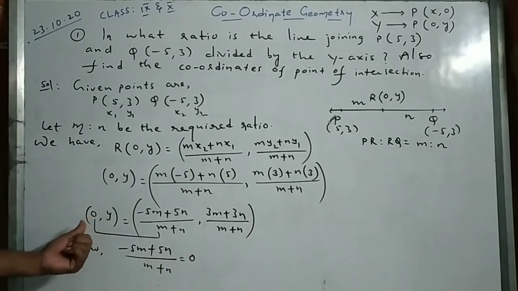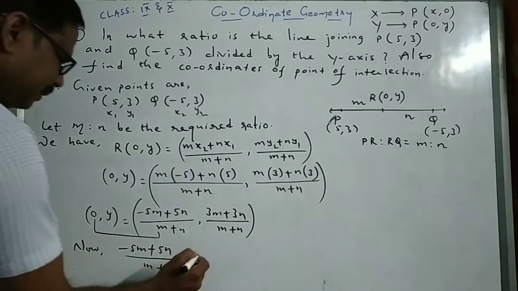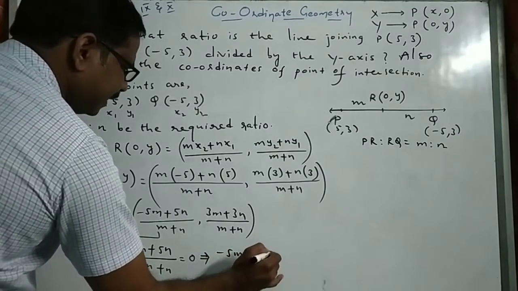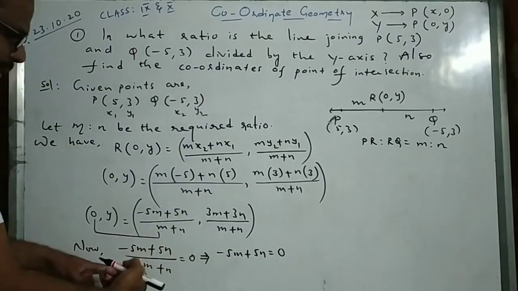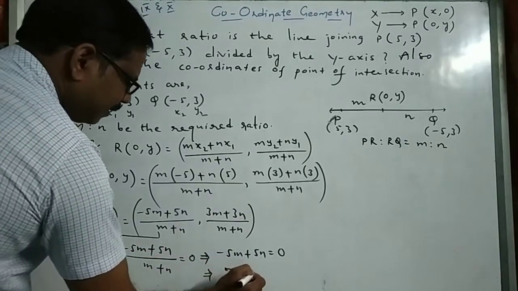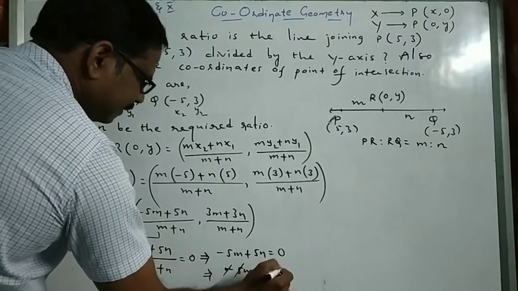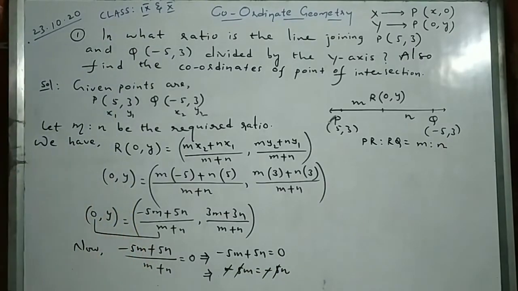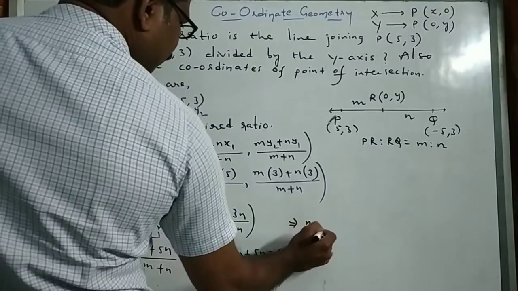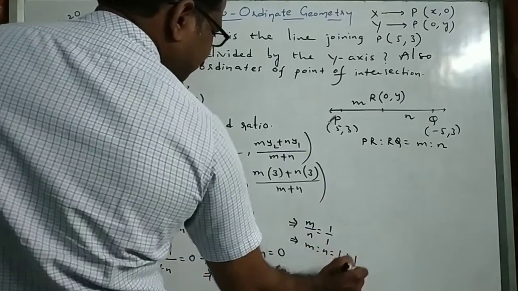The x coordinate I know is 0, so make it equal. The x coordinates, both are equal. So minus 5m plus 5n equal to 0 into m plus n, which will be 0. So minus 5m equal to minus 5n. Minus minus cancel, 5 cancel. So m by n equal to 1 by 1, means m is to n equal to 1 is to 1.